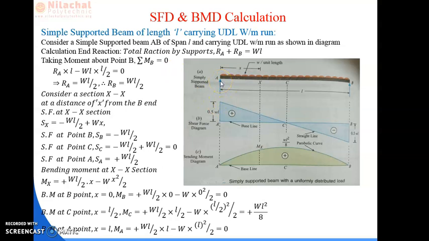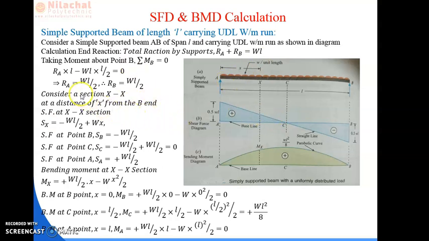Ra, the reaction force at support A, is at a distance L. Now the moment of Ra is positive, Ra into L. The UDL has magnitude WL, and the distance is the CG of the length of the portion where it is acting, that is L by 2. So WL into L by 2. So we are getting Ra into L is equal to WL squared by 2, and Ra is equal to WL by 2. So Ra plus Rb is equal to WL. Again Rb can be found as WL by 2.